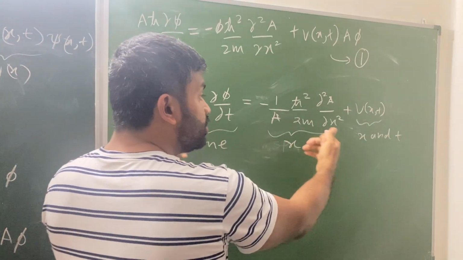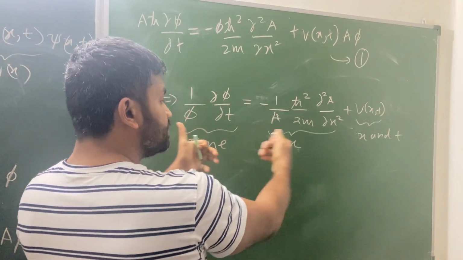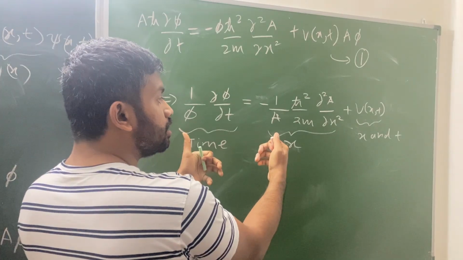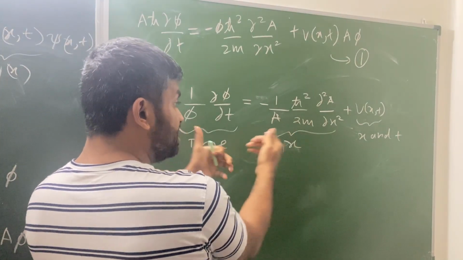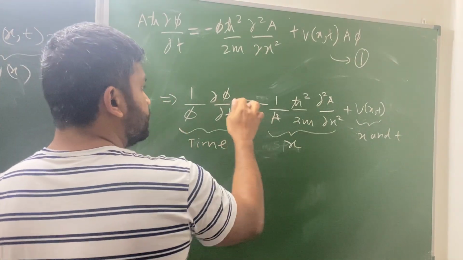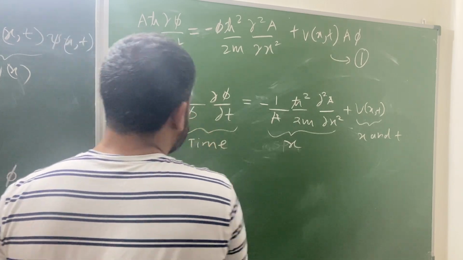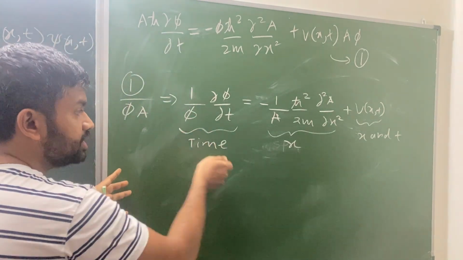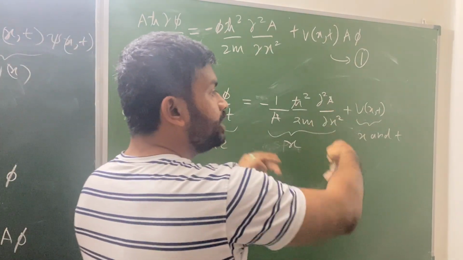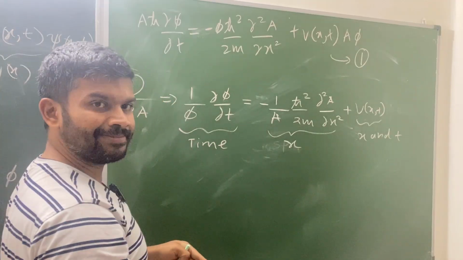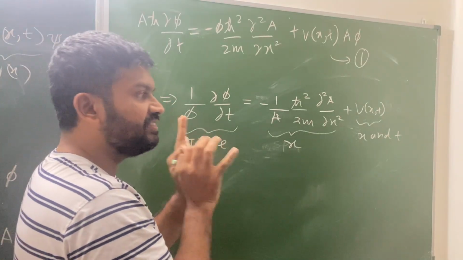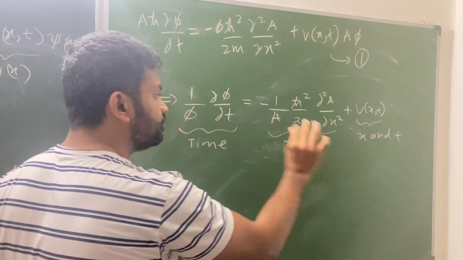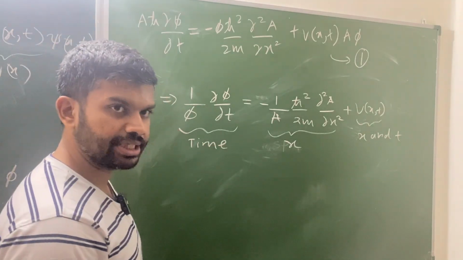So there's no way to write this relationship unless both sides are equal to a constant: the right side equal to a constant and the left side equal to a constant.